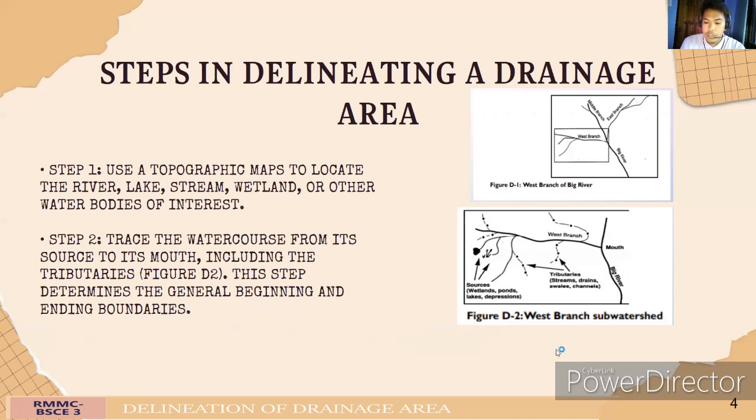So as we can see in our figure 2, the West Branch sub-watershed. In this West Branch sub-watershed, there are small rivers connected to the bigger river. These sub-watersheds are called tributaries. They supply water to different places, but they are small, unlike the big river with its mouth and its beginning.